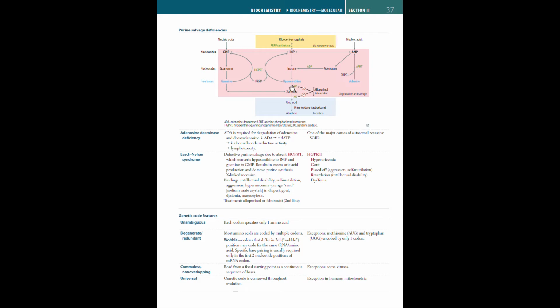This will become xanthine, which requires XO. Here, these are the medications which stop it from becoming xanthine and uric acid. This is in case of high uric acid in the urine and gout.